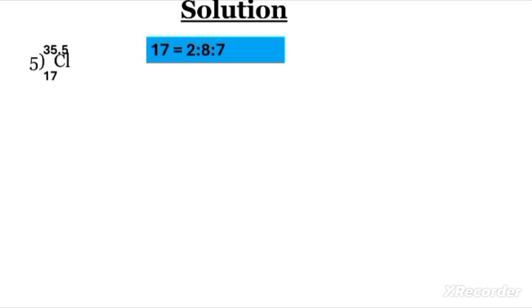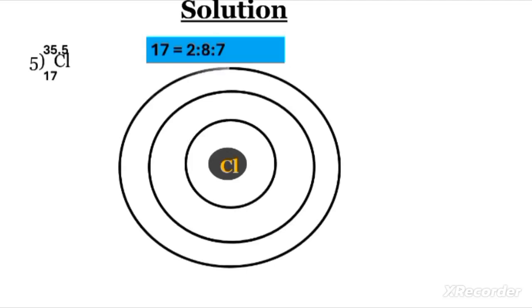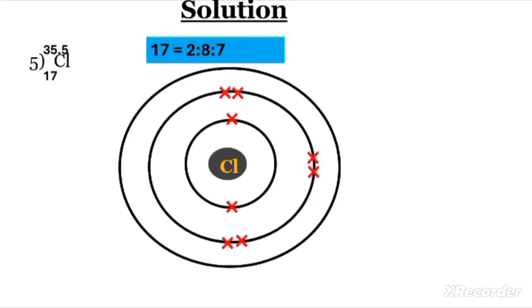So we are going to draw our 3 shells. So we have the nucleus, and this nucleus is surrounded by 3 shells. So the first two electrons will be accommodated in the first shell. Okay. Then the second 8 electrons in the second shell, as we can see here.